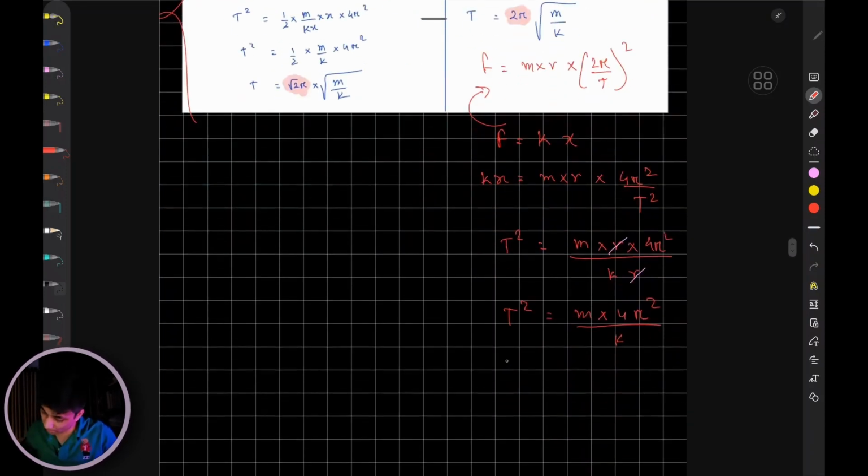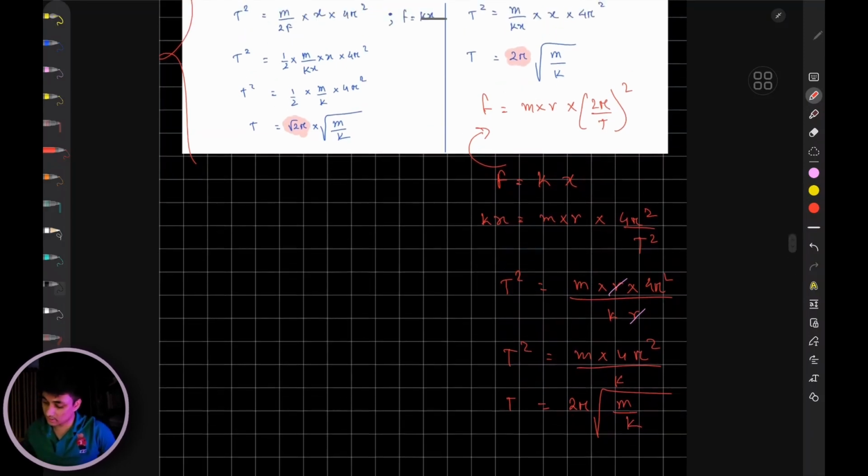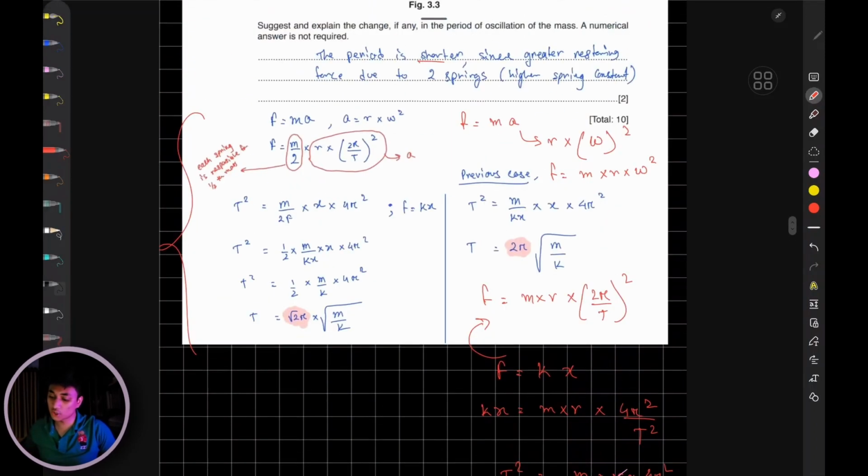So take the 4 pi square out, take a root on either side and make only T the subject, and you're left with 2 pi root over m by k, because root over 4 pi square is going to be 2 pi, right? So this is your time period equation for the initial case where you're dealing with the entire mass.